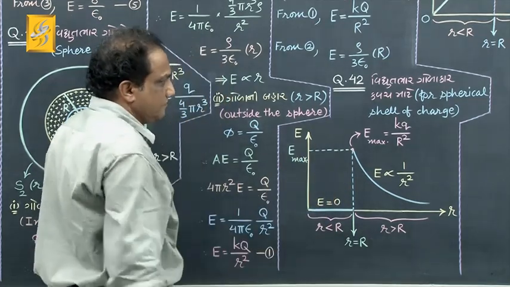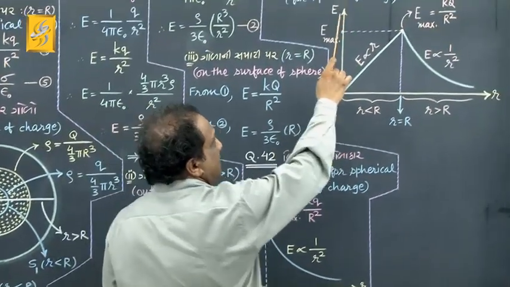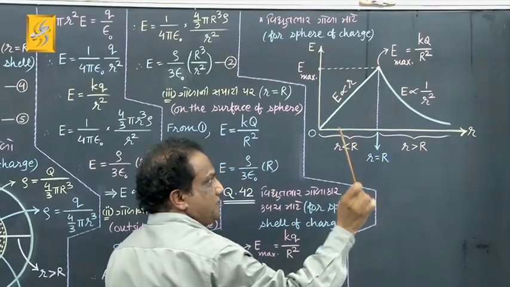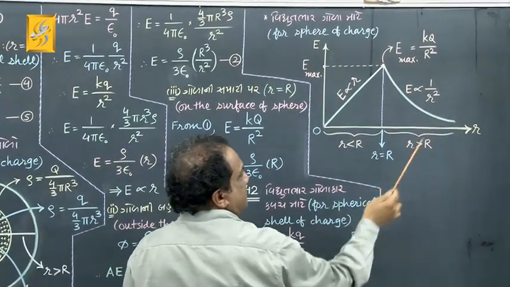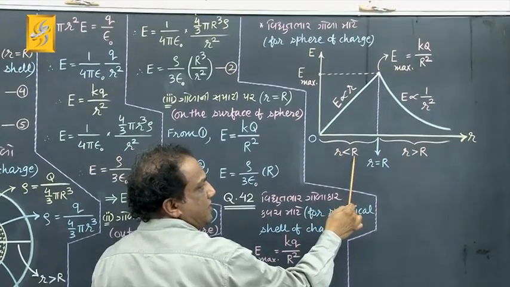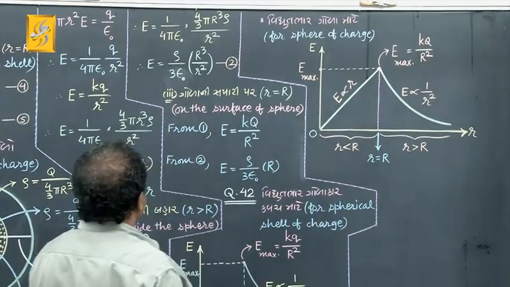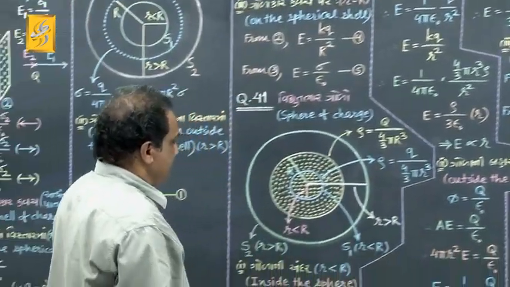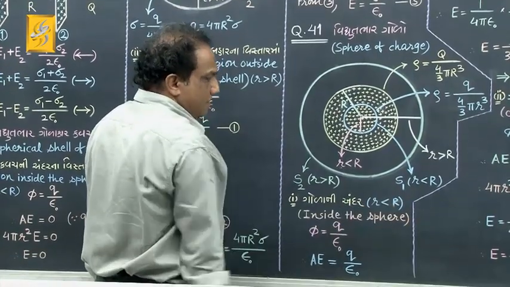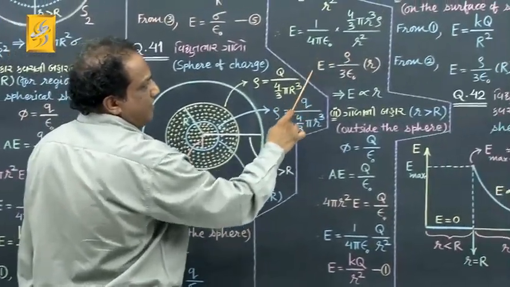Fine. Then we plot similar graph for sphere of charge. In case of sphere of charge, when you take small r less than capital R, you are inside the sphere, and for a region inside the sphere, this was the formula applicable.